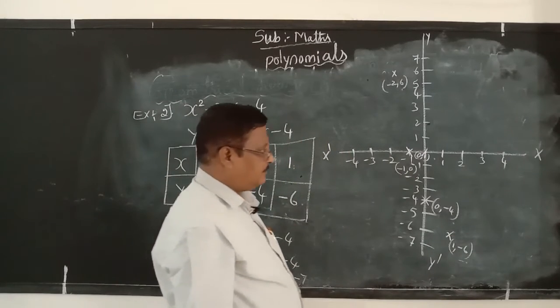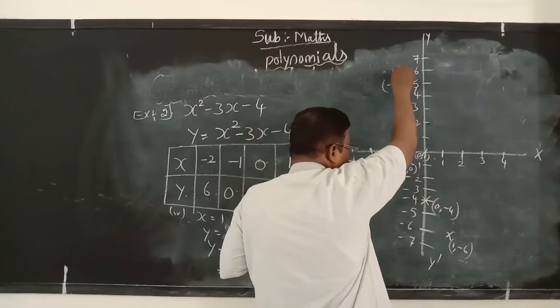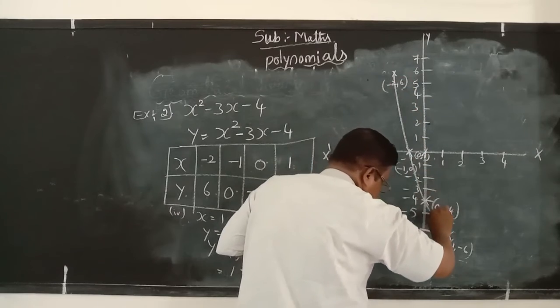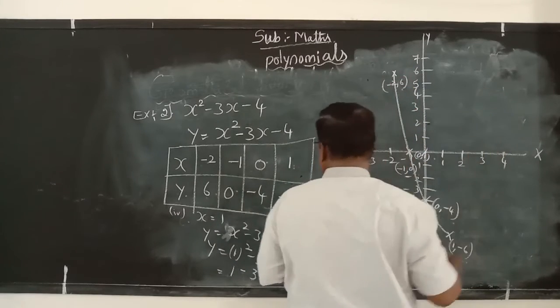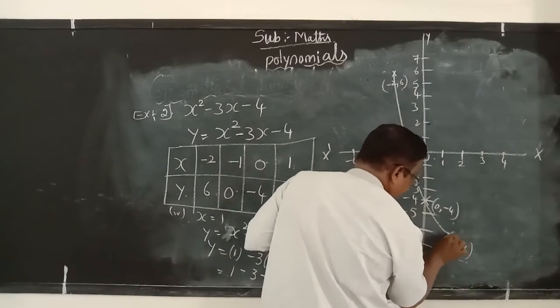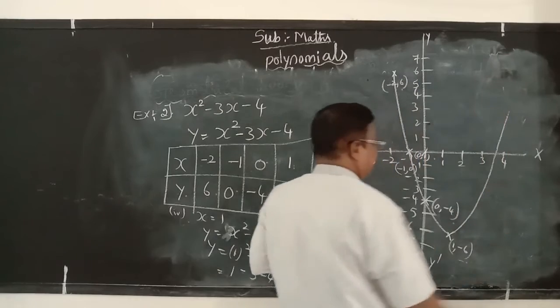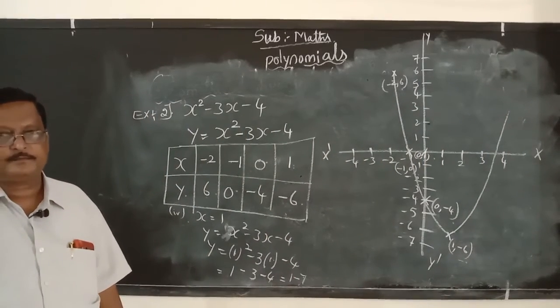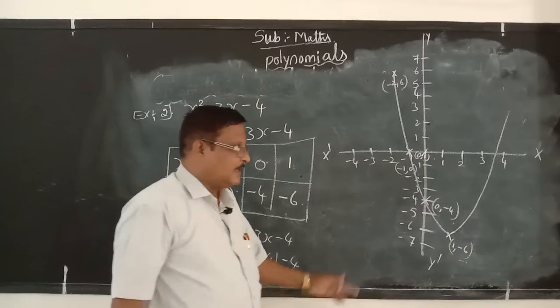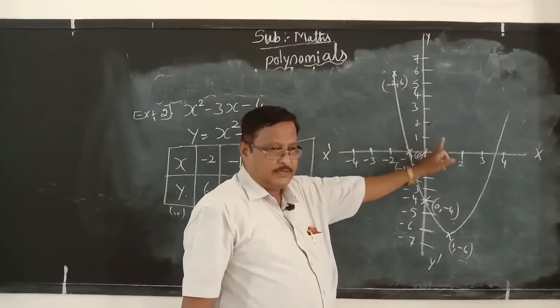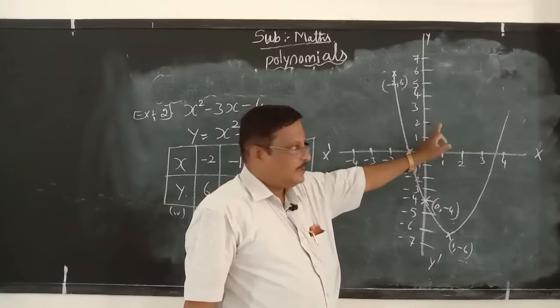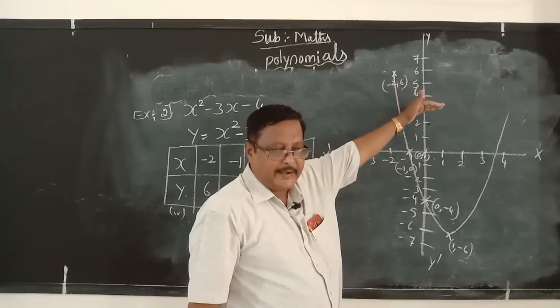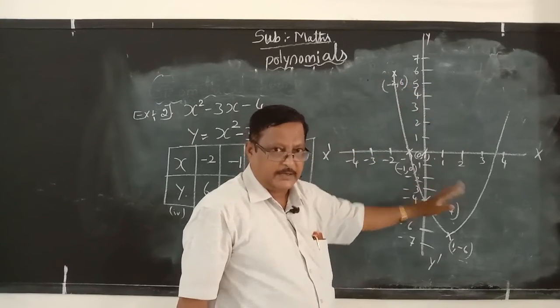Next you draw a graph that is like this, either open ended in upward or open ended in downward.